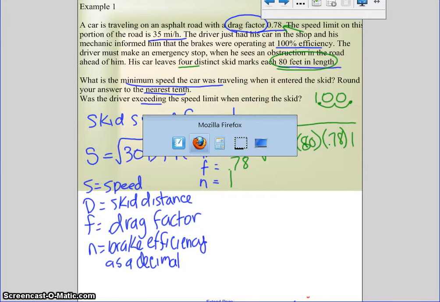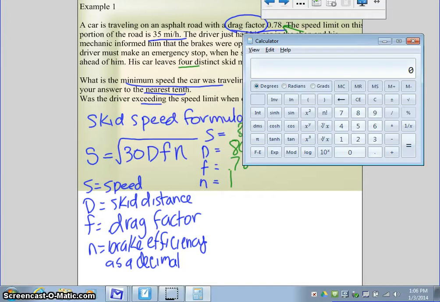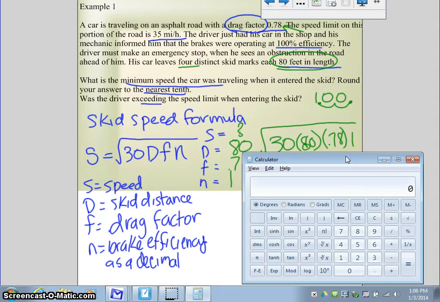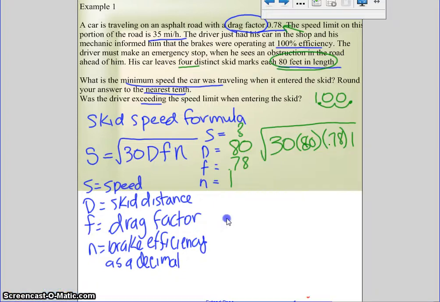All right, let's go ahead and plug this into our calculator. We're going to plug in our values first, and then take the square root of it. So we've got 30 times 80 times 0.78 times 1, and then the square root of that, we can see here that we're looking at 43.3 miles per hour.